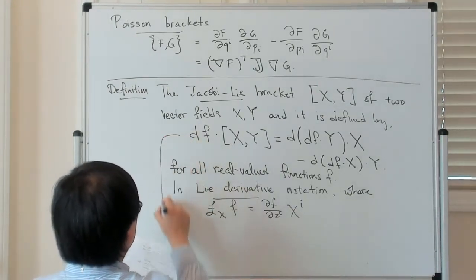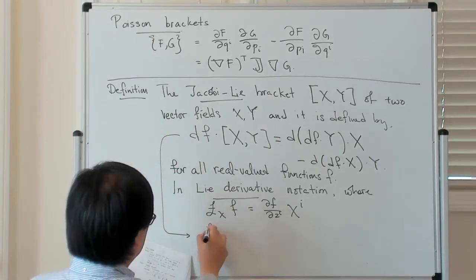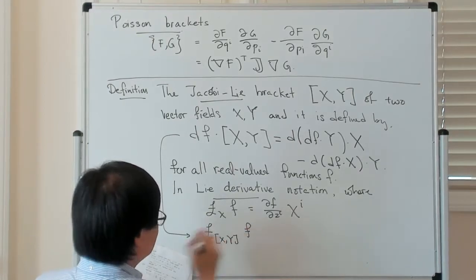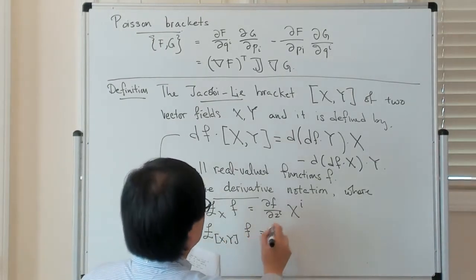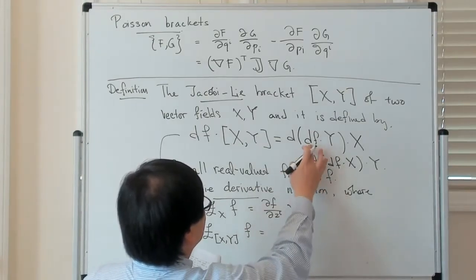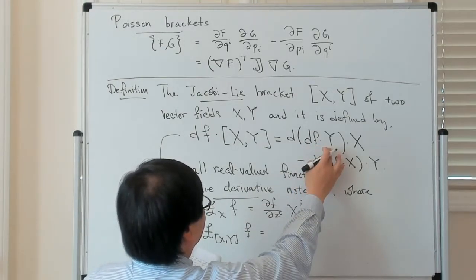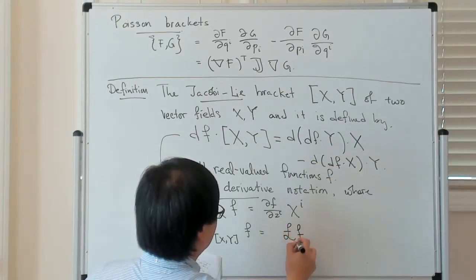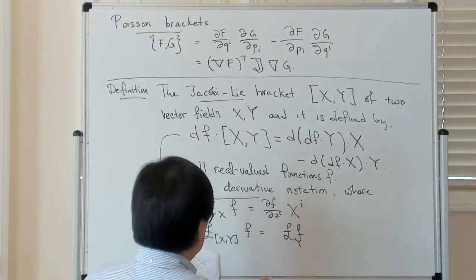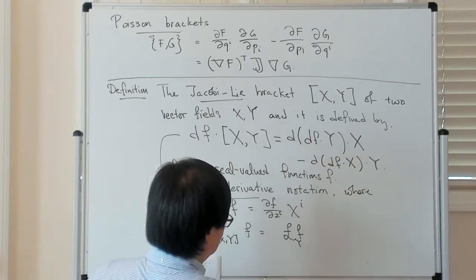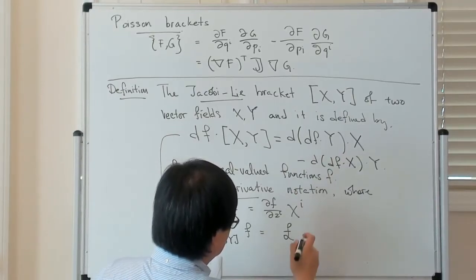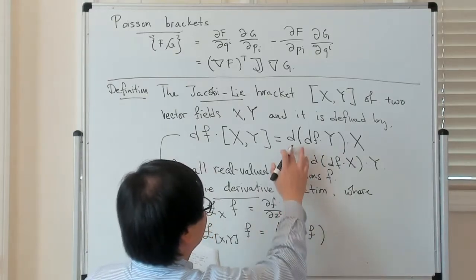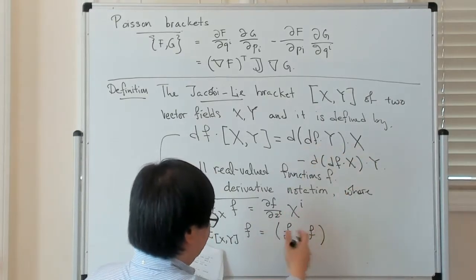So this thing can be written as the Lie derivative with respect to the bracket of the vector fields x and y of the scalar valued function f. And then the left-hand side is the Lie derivative of f in the direction y. Once you have that, that's a scalar valued function, so I can take the Lie derivative of that object in the direction x.